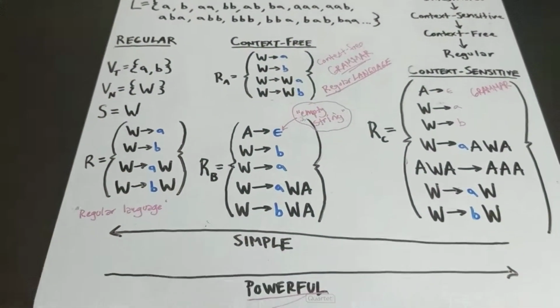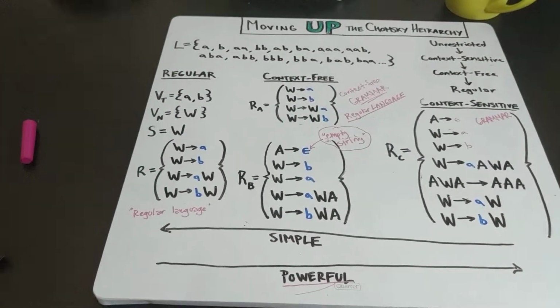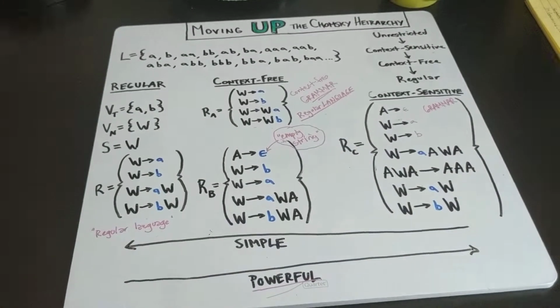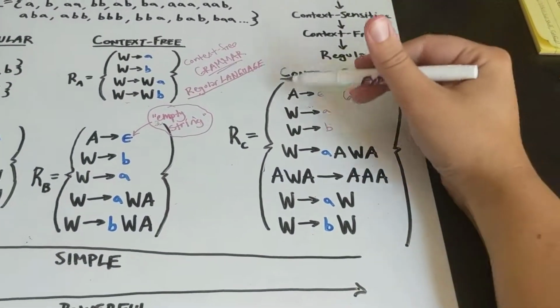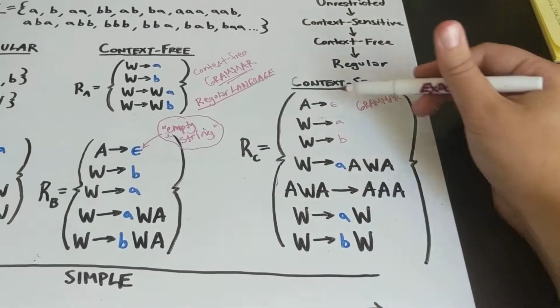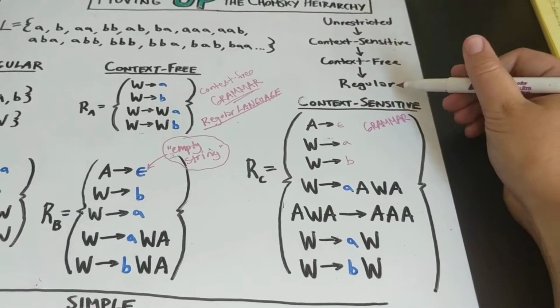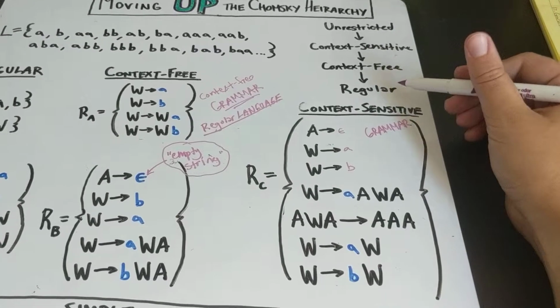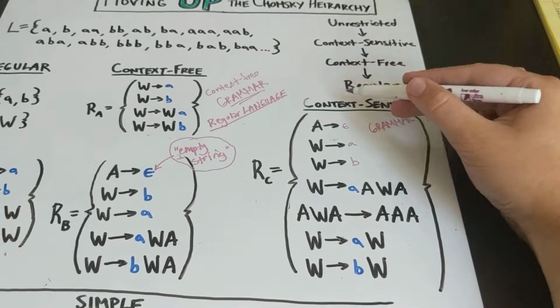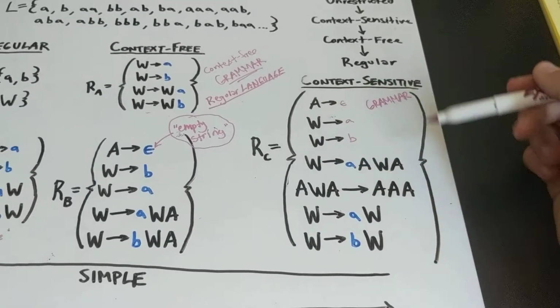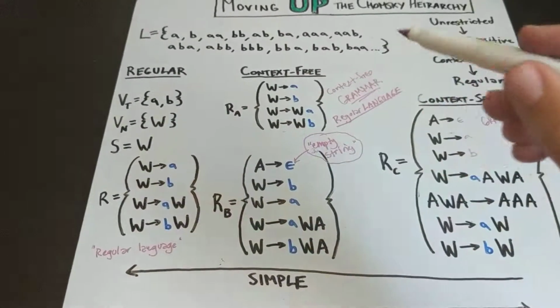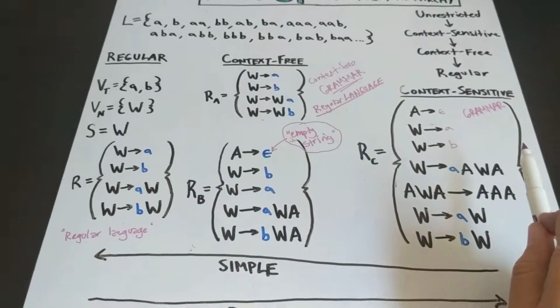So that's the point of this Chomsky hierarchy, and we'll talk over the next several videos about how to determine, when you receive a grammar that looks like this, whether we could rewrite it in a form that requires less thinking. Moving up the Chomsky hierarchy is always easy.